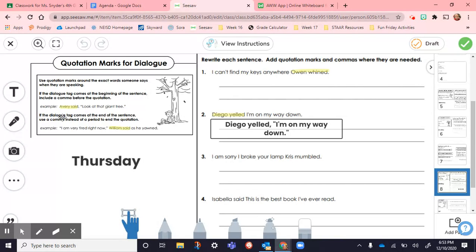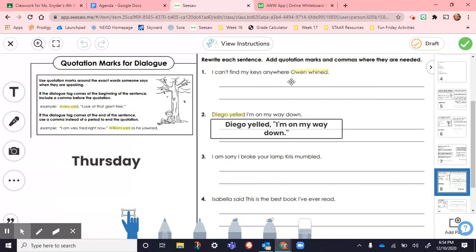So here, when it says Avery said, Avery's the one speaking, and what's in quotation marks is what Avery actually said. So the rule is when the tag is at the beginning, you put a comma, you put whatever you're going to say in quotation marks, and you end it with a period, and the period has to be on the inside of those quotation marks.